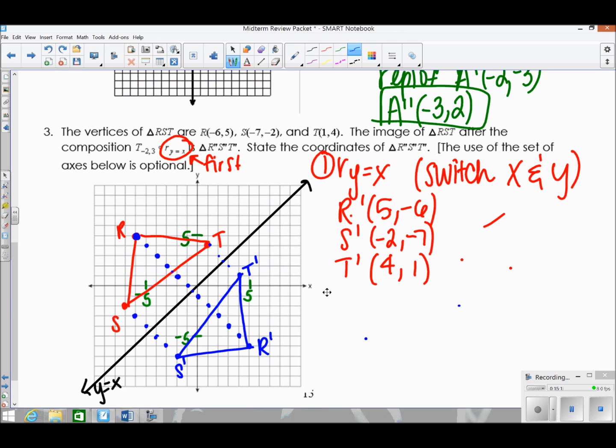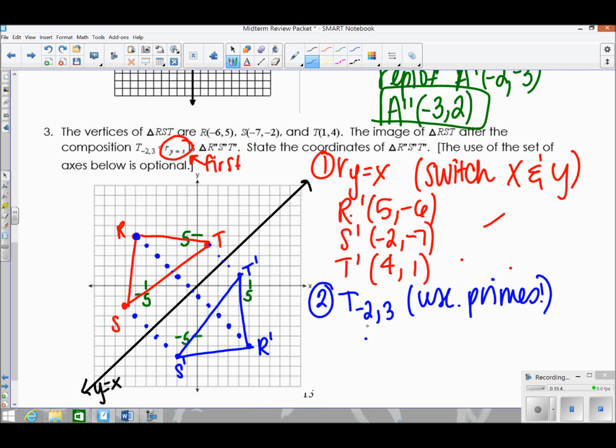So now we've got to do the translation. And for the translation part, remember, you're using the primes. And it's up to you how you want to do the translation, because if you want to think of it as subtract 2 from x's and add 3 to the y's, you can do that, or you can take your primes and basically move everything left 2 and then up 3.